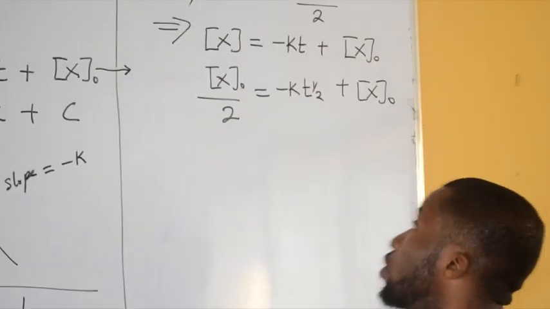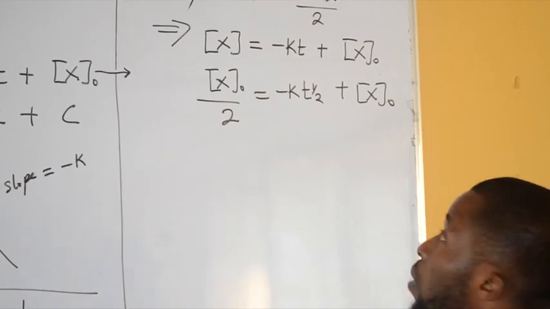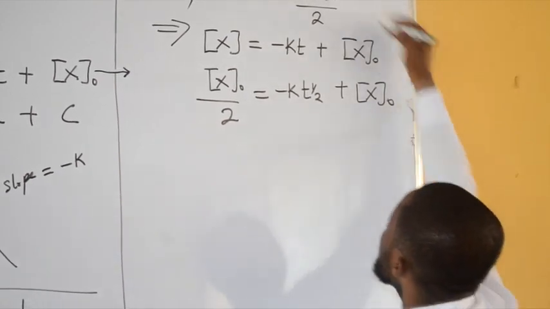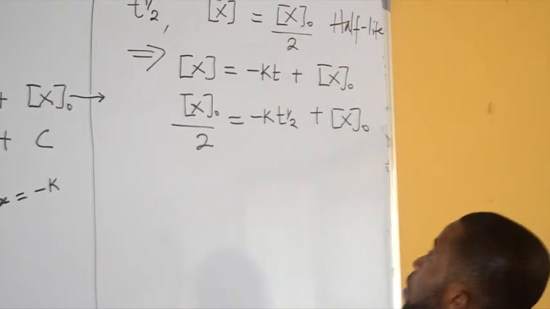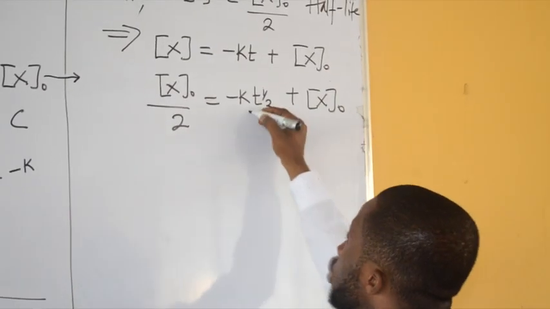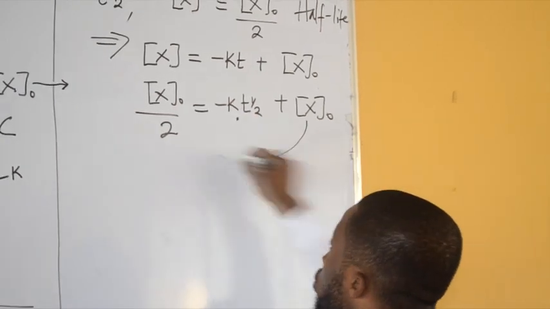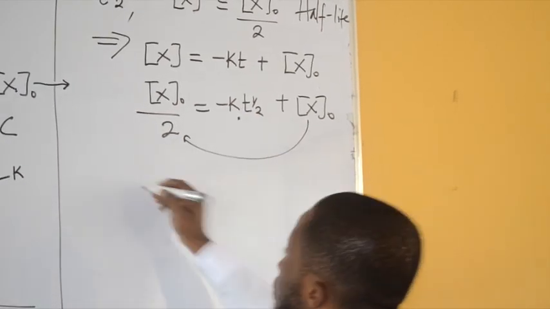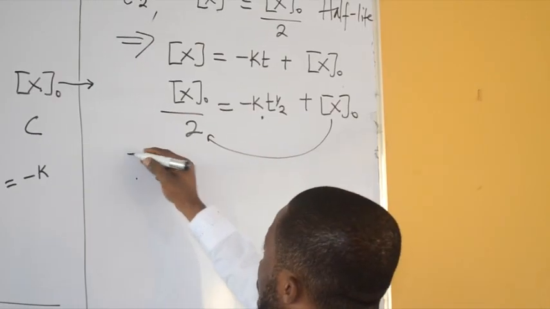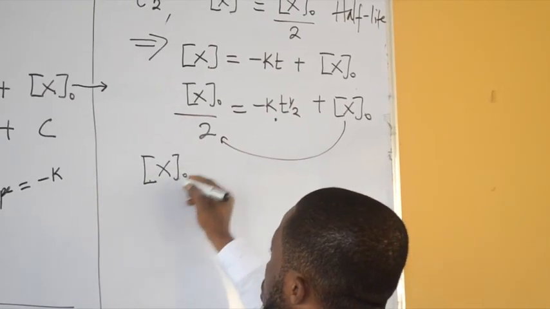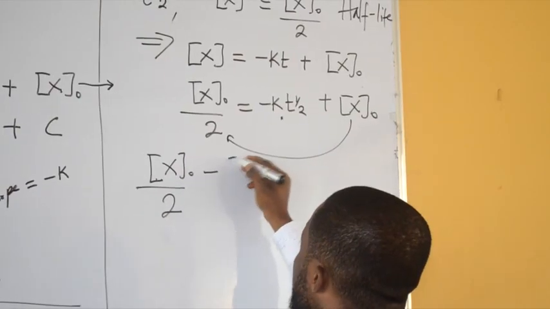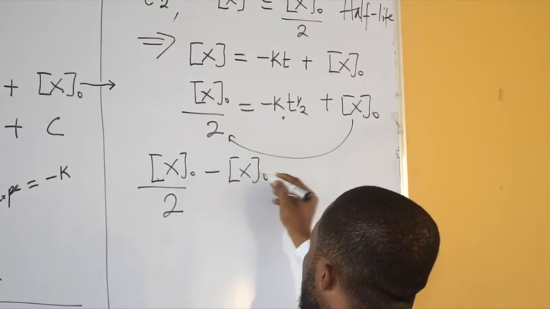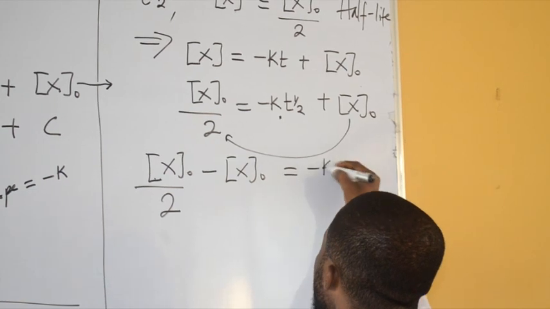Remember, we're trying to look for t half, the half-life of a zero order reaction. So in order for us to make this a sort of formula, I can easily move this to this side. I'll therefore have x naught over 2, of course from positive to negative, minus x naught is equal to negative k t half.